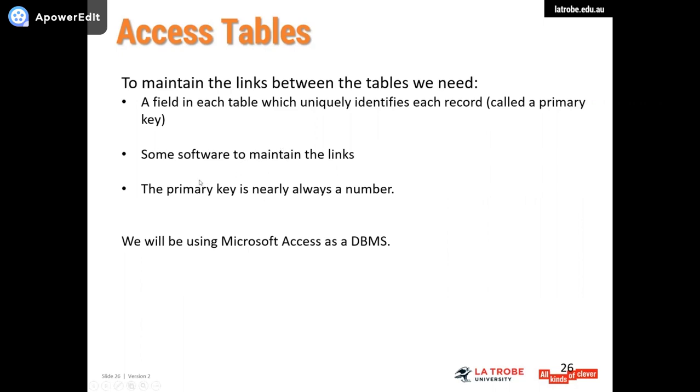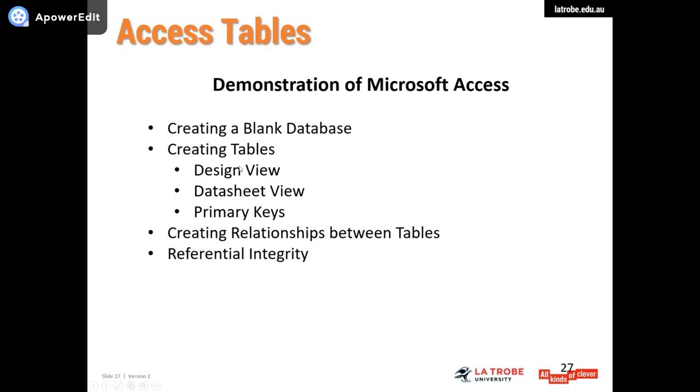Okay, now I will show you how to use Microsoft Access to create a database from scratch. I will demonstrate creating tables, and in the tables there are 2 views. One is the design view, to create the outline of the main content of the table, then the datasheet view, where we can fill in all the detailed information in the table.